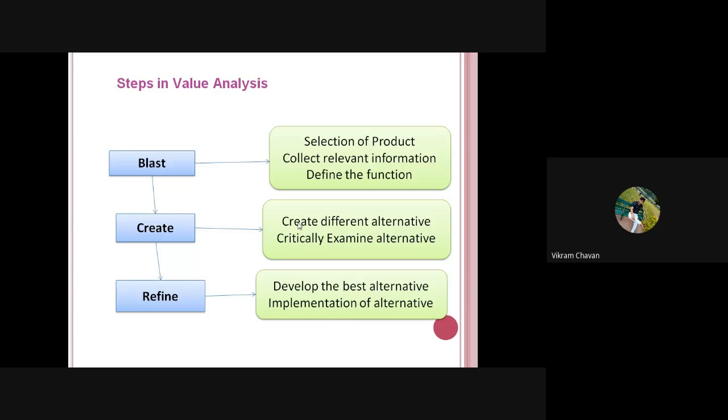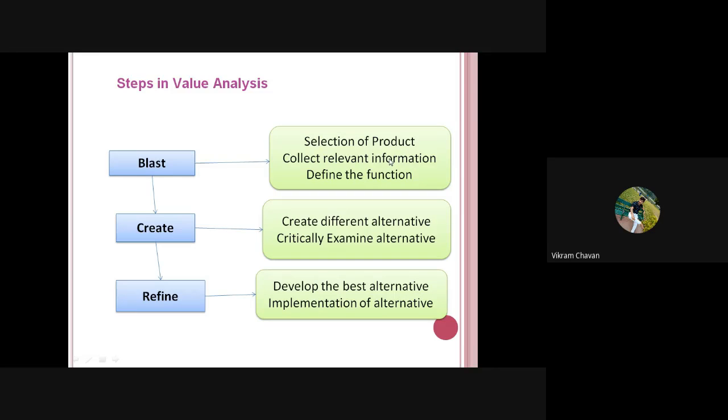Just note down. The first step is blast. If you draw the diagram I have drawn, that is no problem, it will be easy to understand. Under blast, what are we going to do? First, selection of a product.